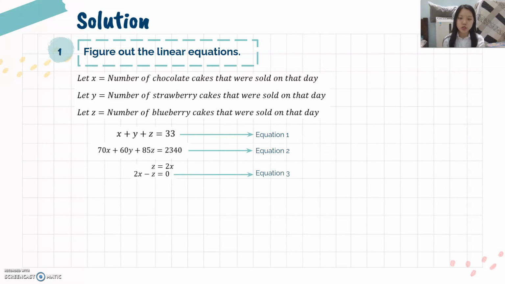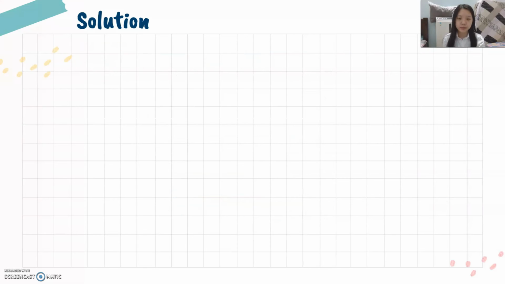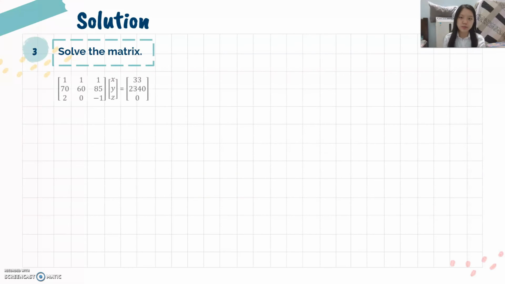And equation 3 is that the number of blueberry cakes is double the number of chocolate cakes, so we have 2x minus z equal to 0. After that, we convert these linear equations into matrix form, which is like this. And then we solve the matrix.